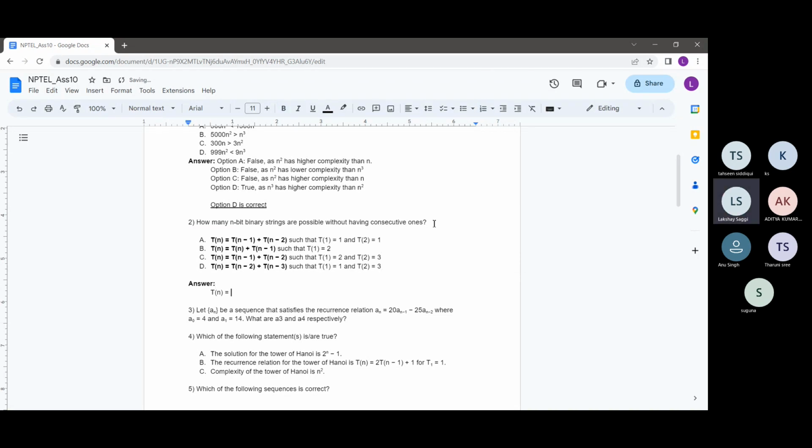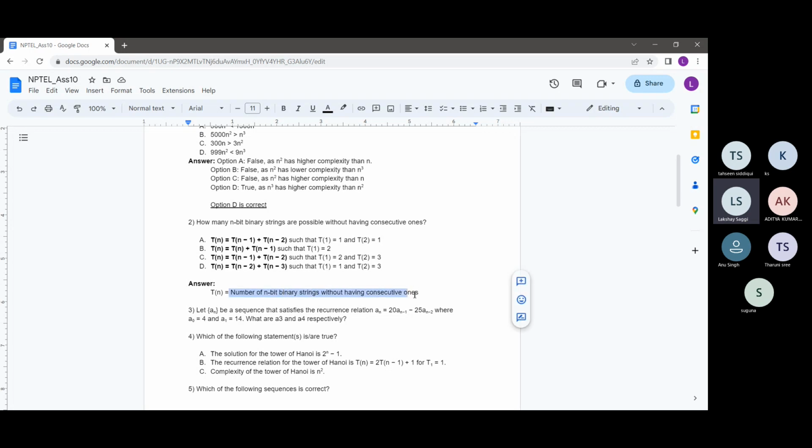So let's denote by Tn the number of n-bit binary strings without having consecutive ones. So Tn denotes the required number which we want.